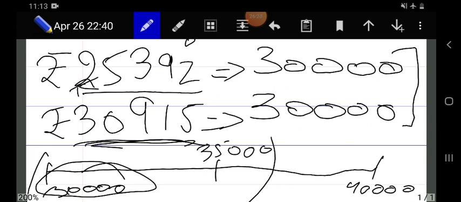So in that case, instead of rounding off to the highest place value, we will round it off to the next place value, that is 1000. So in this sum we are going to estimate these two numbers to the nearest 1000.